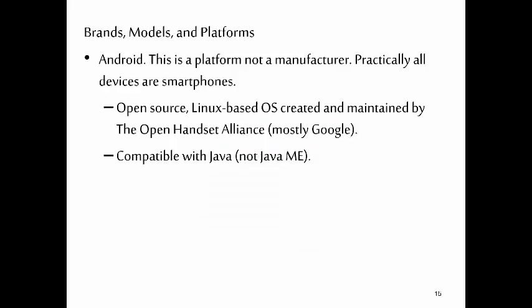The second platform in the list is Android. Now, Android is one of the most popular operating systems in the world, and it has taken a big chunk of the market share with iOS.